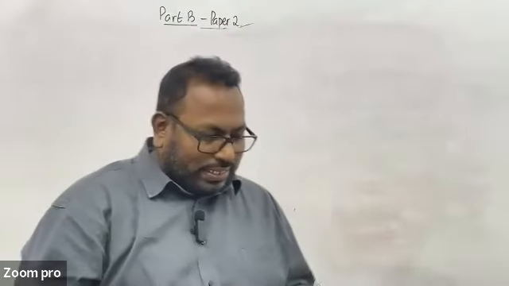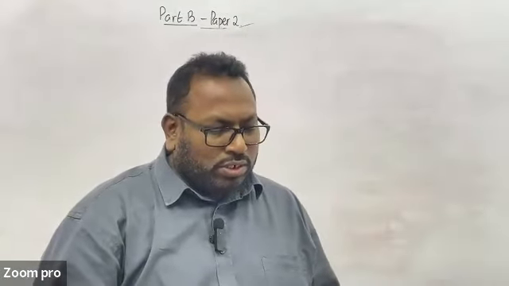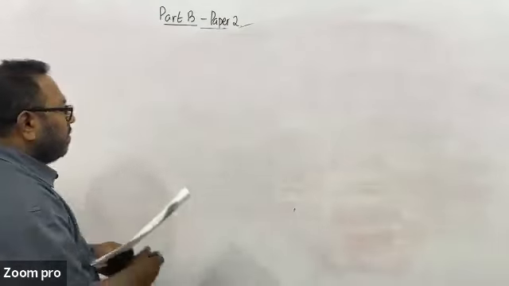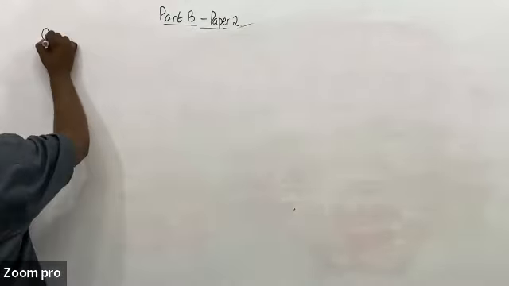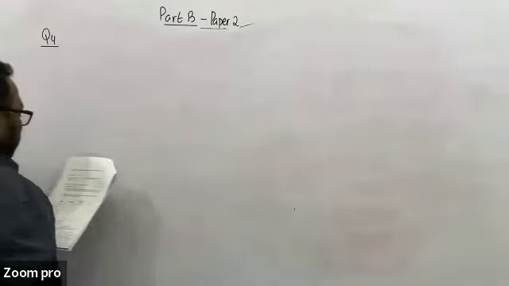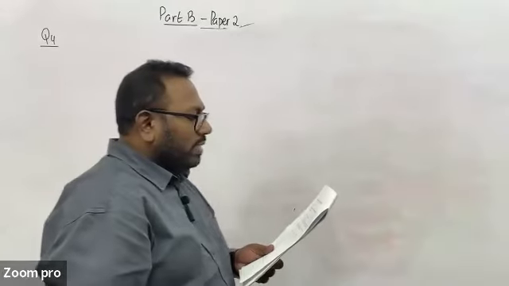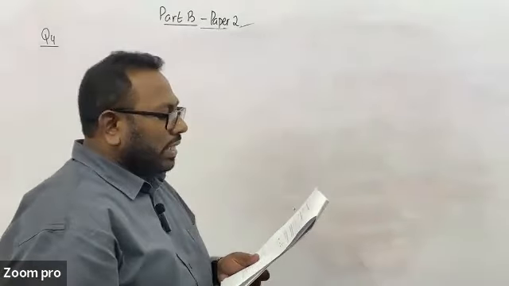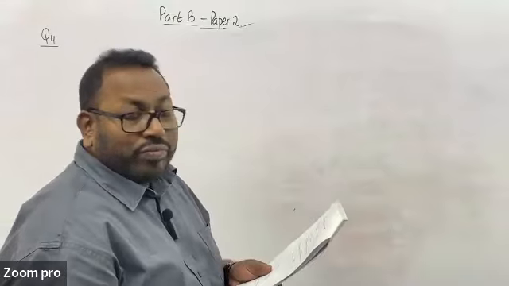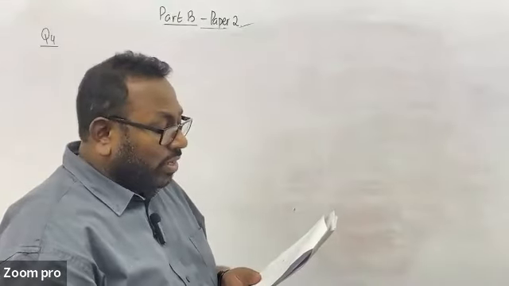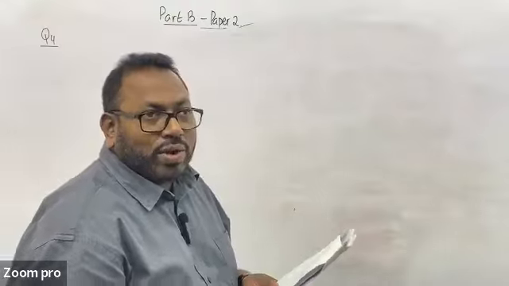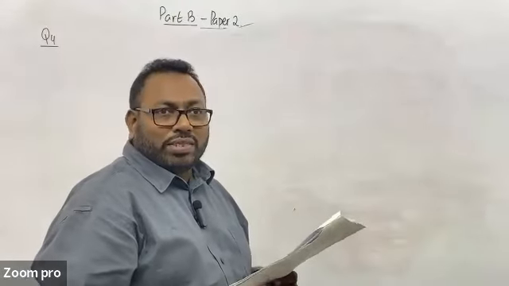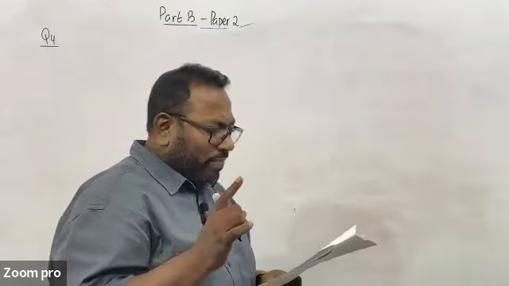Question number 4. It says use 3 squared into 7 squared into 11 squared is equal to 53,361 to evaluate the square root of 53,361. Okay.